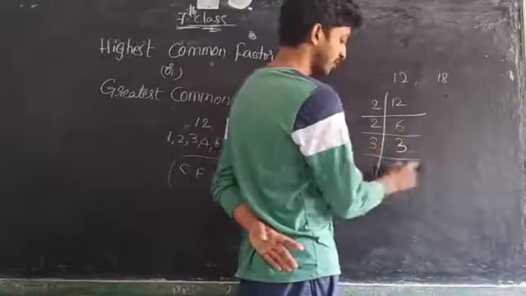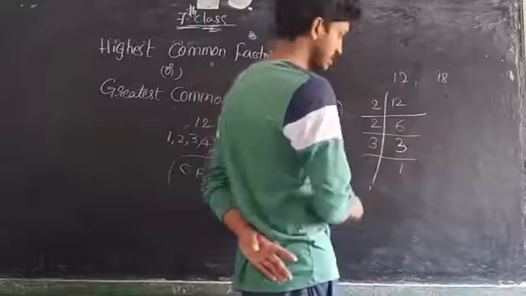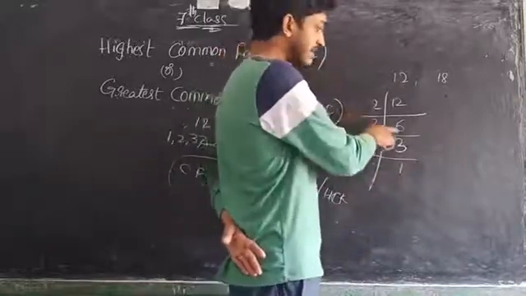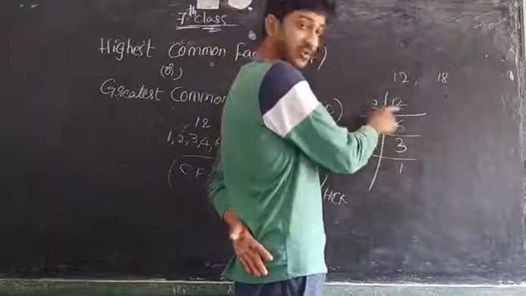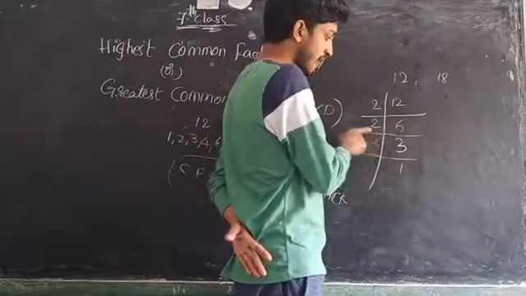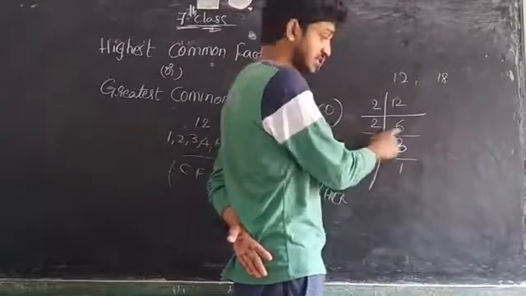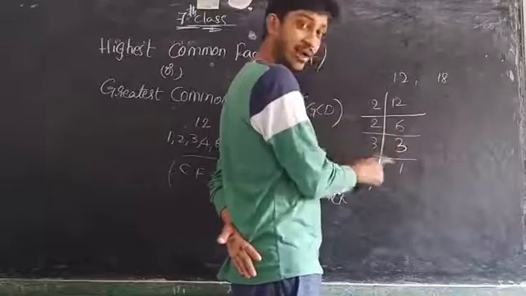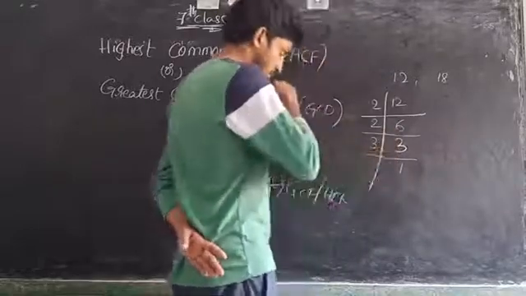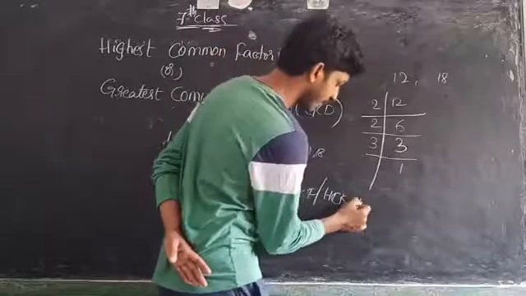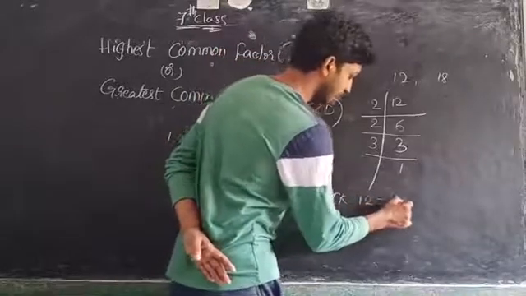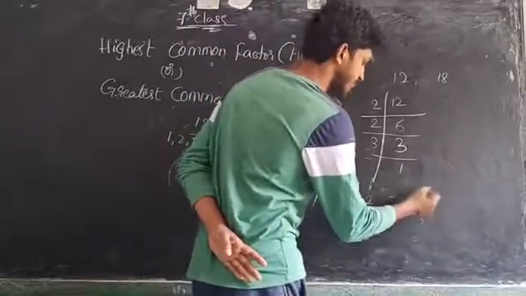Now in the 3 table, 3 ones are 3. 2 into 6 is equal to 12. So 6 times. 2 threes are 6. In the 3 table, now I am taking 1 time. I am writing here 12 is equal to 2 into 2 into 3.